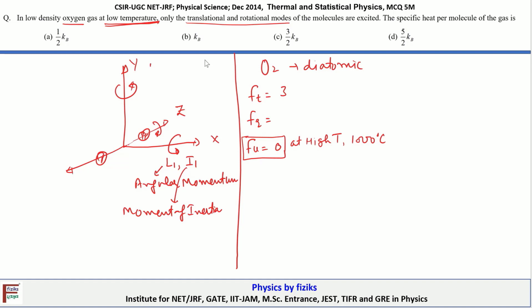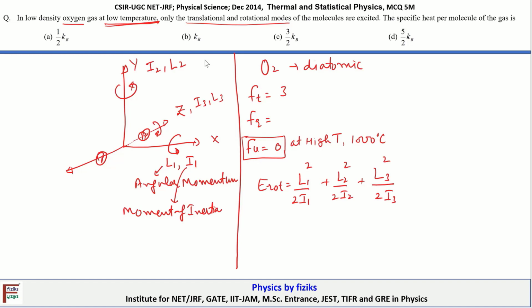Similarly, we can assign I2 and L2 along the y-axis, and also I3 and L3 along the z-axis. With this information we can write the expression for the rotational energy of the diatomic gas molecule: E_rotational equals L1 squared upon 2I1, that's the rotational energy along the x-axis, plus L2 squared upon 2I2, plus L3 squared upon 2I3.